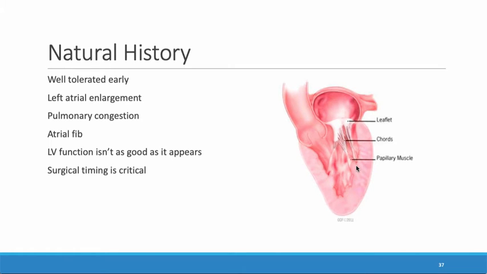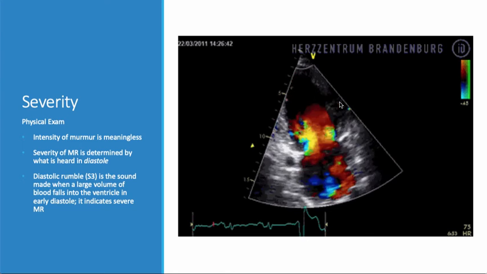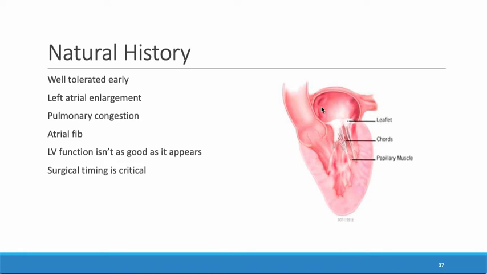That's going to change the contraction of the ventricle, or what it appears like, because now you have this pop-off valve. That means you're going to be able to contract this muscle much more. So if you see normal LV function, that really is not normal, because there's this pop-off valve that's making it easier for blood to get out. So the left ventricular function is never as good as it appears.